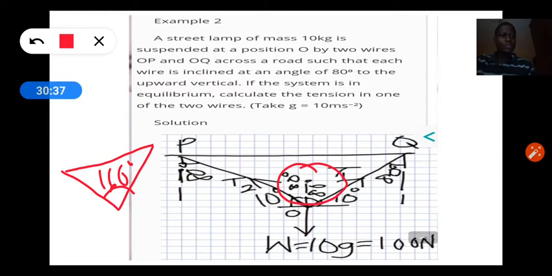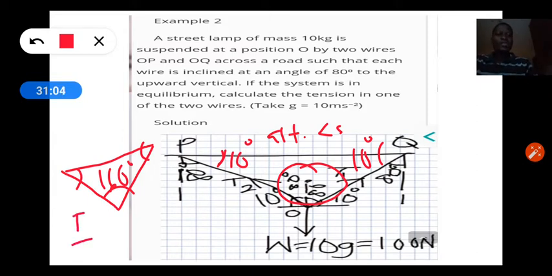Now if you look here, this angle of 10 degrees will also be equal to 10 there, isn't it? Why? Because they are alternate angles. The same thing here will also be equal to 10 degrees. So if here is 10 and here is 10, that means it is an isosceles triangle.